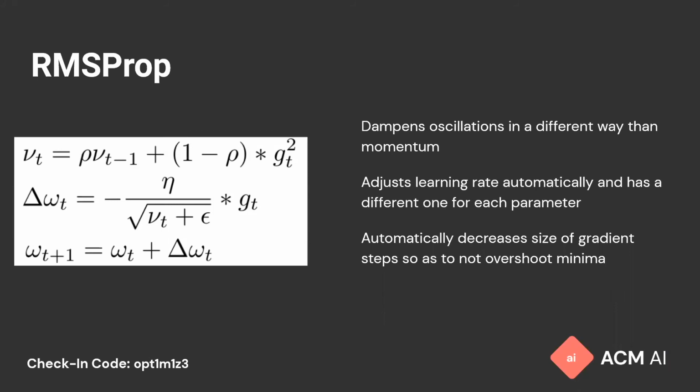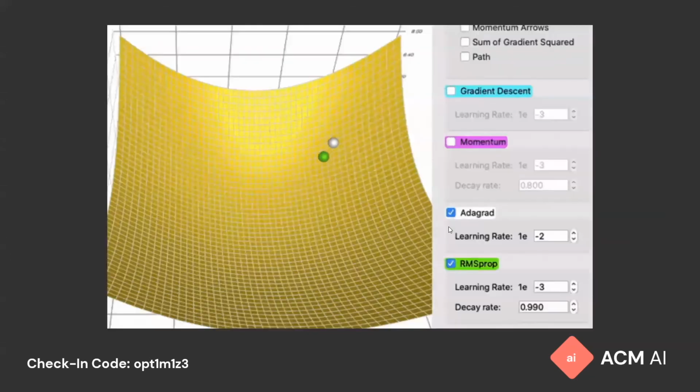So RMSprop is a different way. You don't really need to know too much of the details, because RMSprop and all these other optimizers you can easily find as off-the-shelf implementations in all of your favorite machine learning libraries. But anyways, that's not the main one that we use.